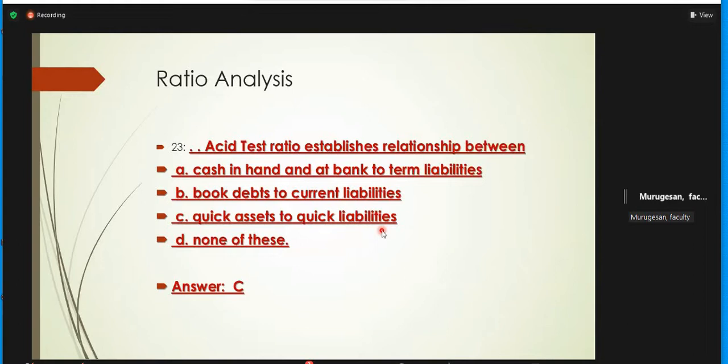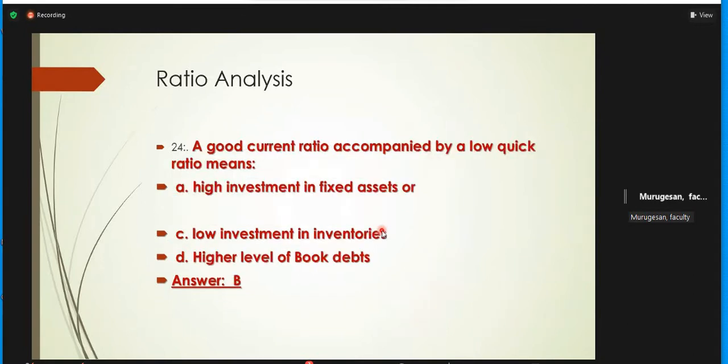Yes, it's also called quick ratio or acid test ratio. We have discussed. Now you see, some twister questions they will ask. A good current ratio, maybe 1.5, 1.6, 1.7, but accompanied by a low quick ratio.